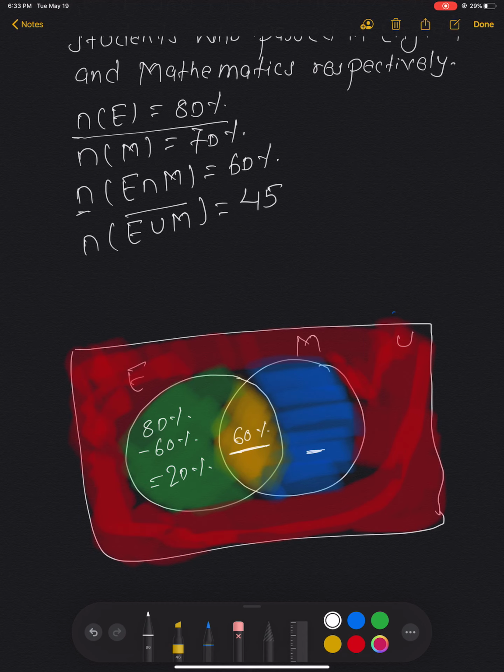M is equal to 70%, and 60% is already included, so 70% minus 60% gives 10%. And we always know that n(U) is 100%.